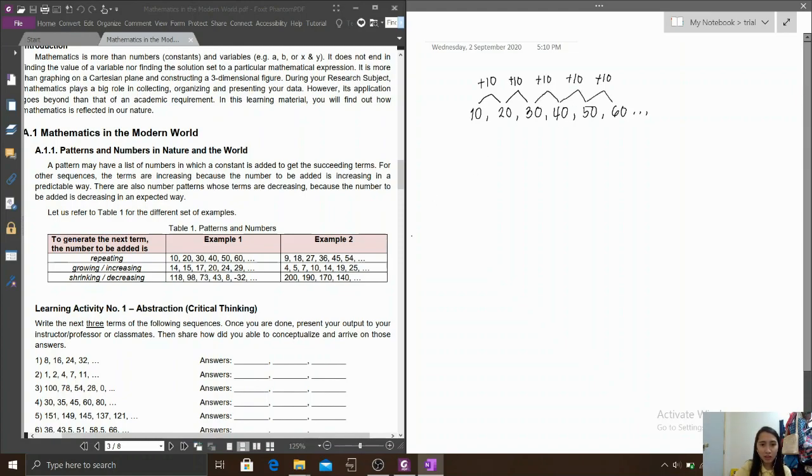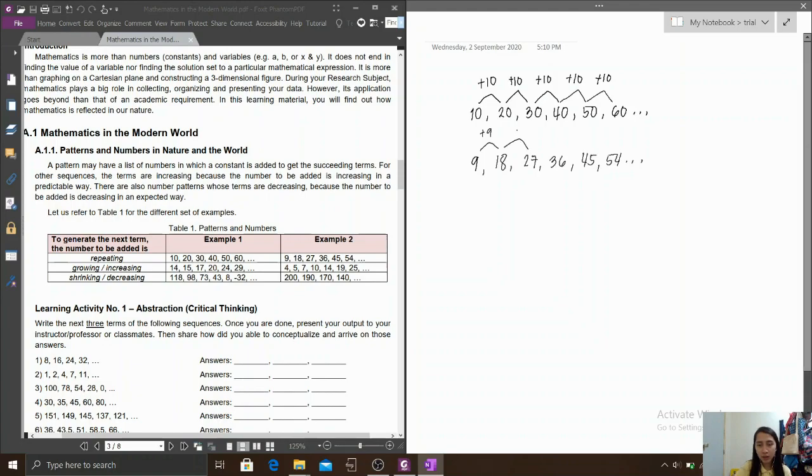For example number 2, we have 9, 18, 27, 36, 45, 54, and so on. To find 18, we will simply add 9 to 9.